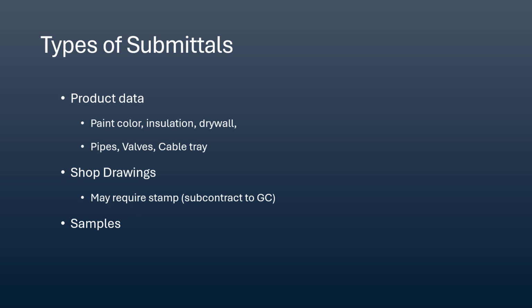You may have a certain type of millwork, you may have a certain type of interior window or exterior window that the architect wants to look at and test and inspect in person in an office before you can purchase it on site. And so they're going to want a sample. There's usually strict requirements on samples, and so make sure you follow those.